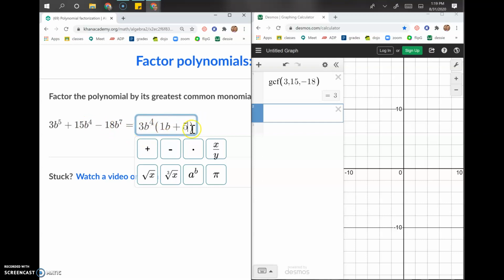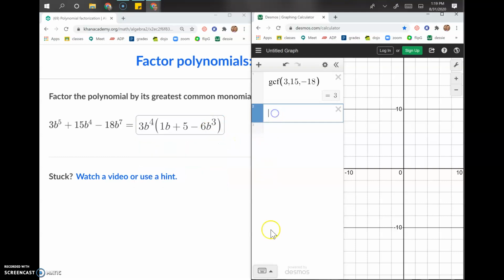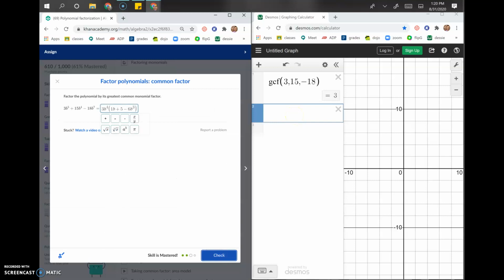And this has 4 b's, so there are no b's left over. Oh, this is minus. 3 times 6 would give us negative 18. This has 4 b's being multiplied in, so we would need 3 b's right here to have 7 b's. Boom, done.